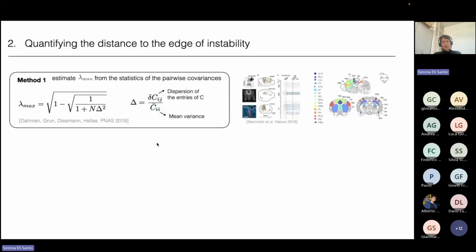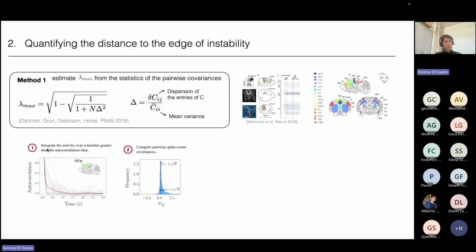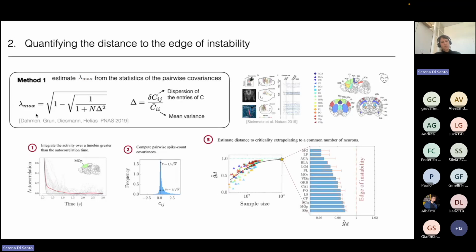Okay, so we take this method and we just apply it to the same dataset as before. First of all, we need to define this long time window. In this case, what we choose is a time window that is longer than the autocorrelation time. We compute these spike count or long time window covariances, which leads us to an estimate of lambda max. In this case, we call it g hat T, so empirical estimate, which is the empirical estimate of the distance to criticality, right?